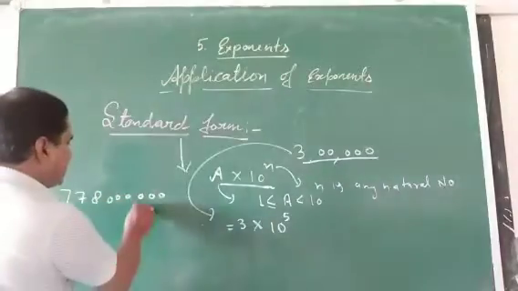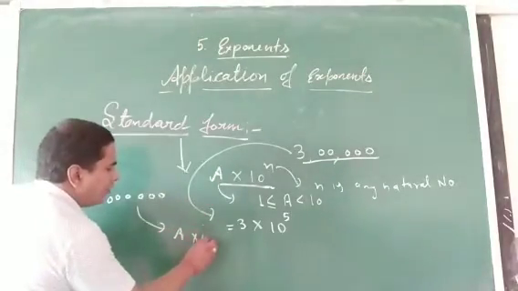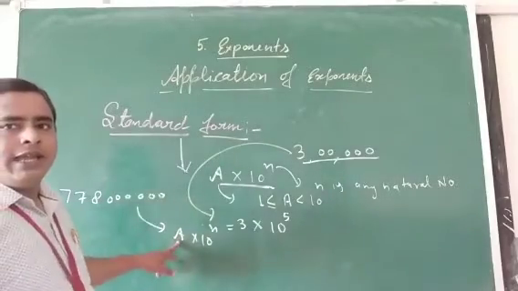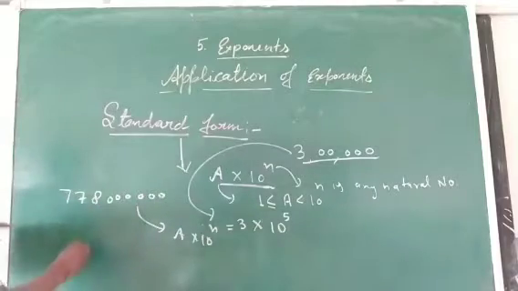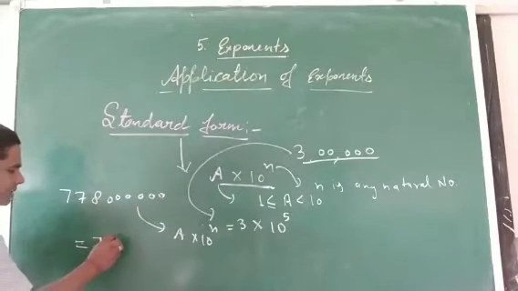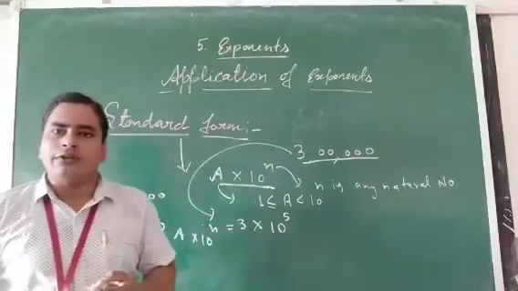So how can we express this in standard form, in this form, A into 10 to the power n? So the value of A should be in between 1 to 10 or maybe 1. So you can write this 7.78. 7.78 lies between 1 to 10.